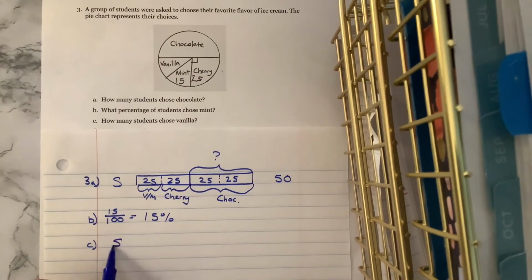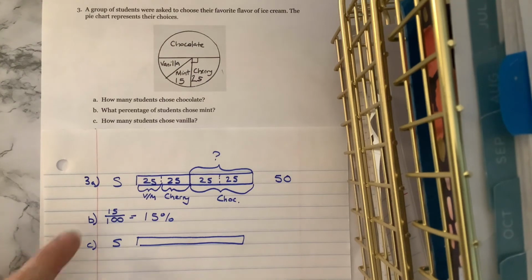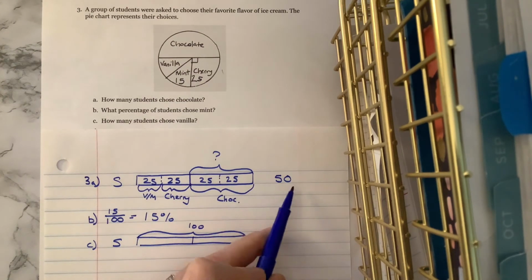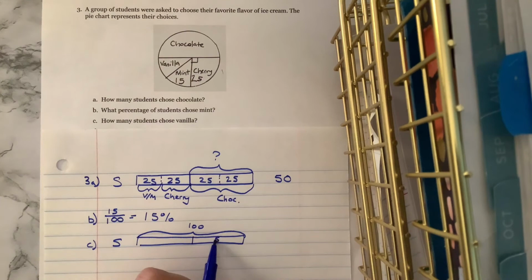So again, I'm just putting this out in terms of a unit bar. We know the total number of students, right? What is the total number of students? We just figured it out here. It's 100. So 100 is our total number of students. We know that 50 of them from problem A like chocolate.